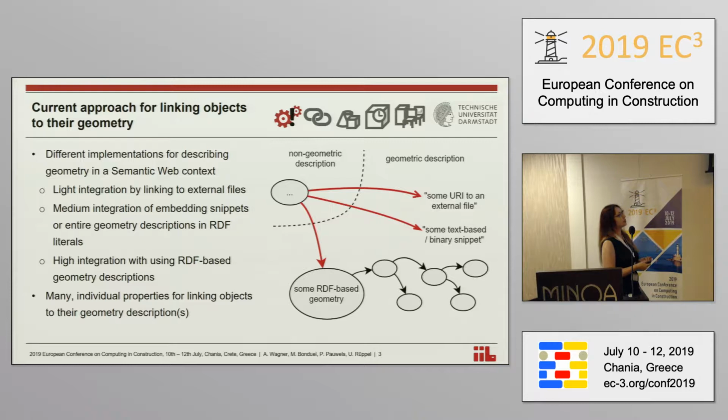And these are the three different types you can describe geometry with, and link it to a non-geometric description in the semantic web. But as you can see, you need different relations for that. But they should still be the same to ease querying. So this is basically the point where we are starting from.